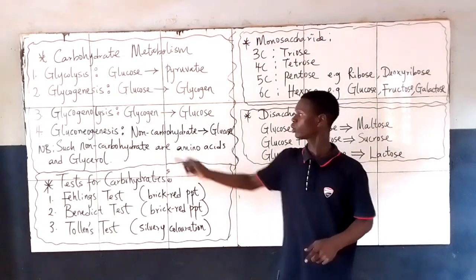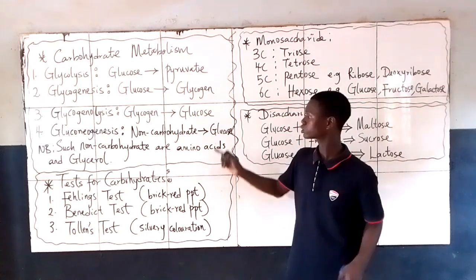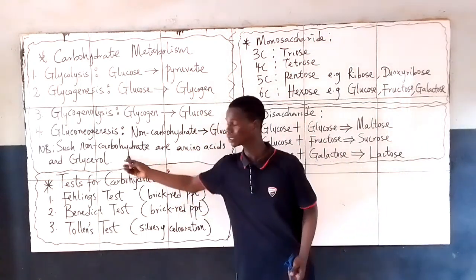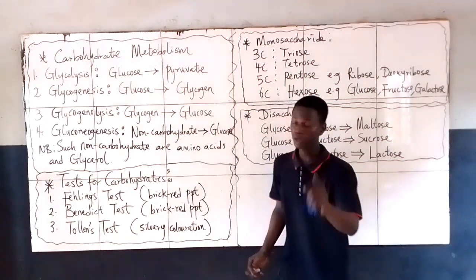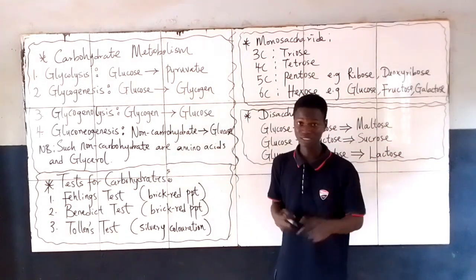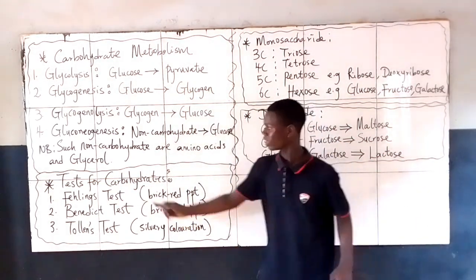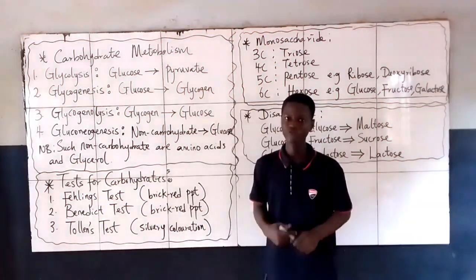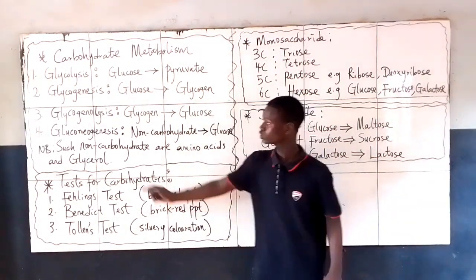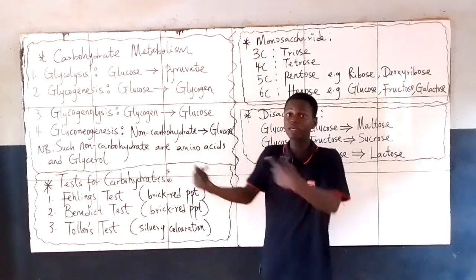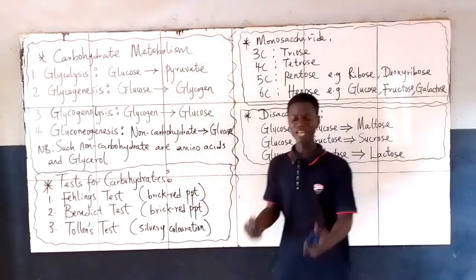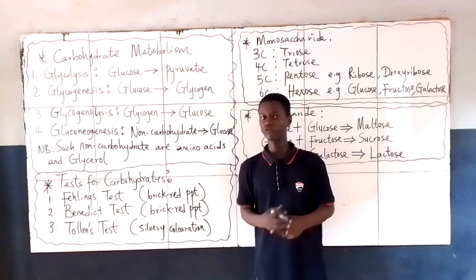This is the conversion of non-carbohydrate materials into glucose. Examples of such non-carbohydrate materials are amino acids and glycerol. As we all know, amino acids are gotten from proteins. Are proteins carbohydrates? No. Glycerol is gotten from the breakdown of lipids. Are lipids carbohydrates? No. So this process is the pathway by which non-carbohydrate substances are being converted into glucose.